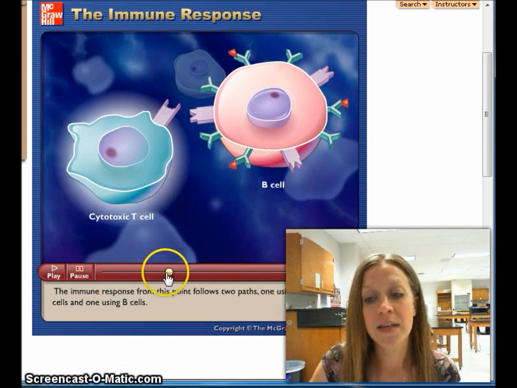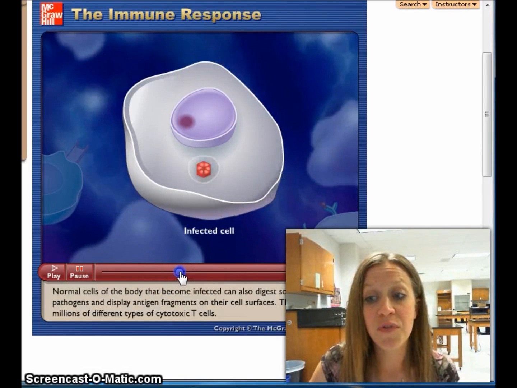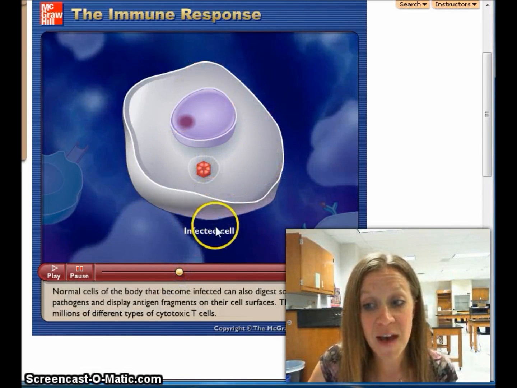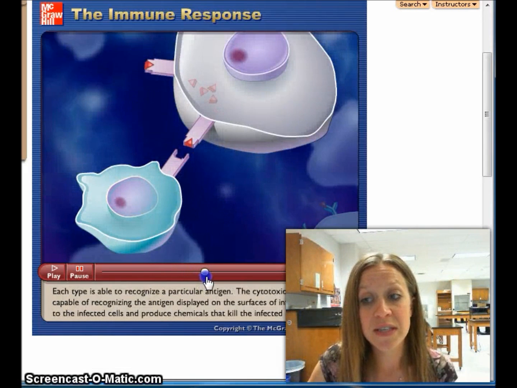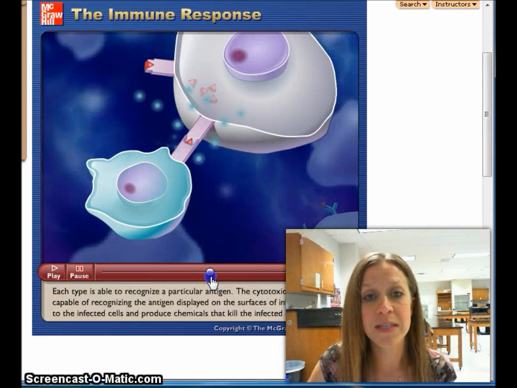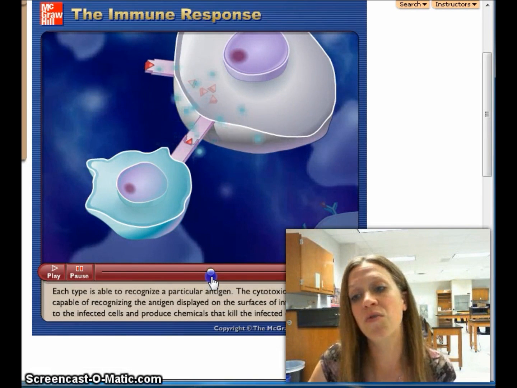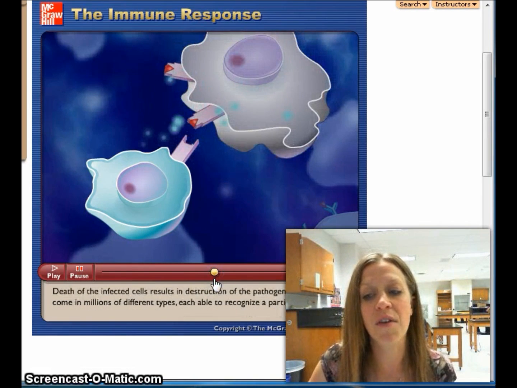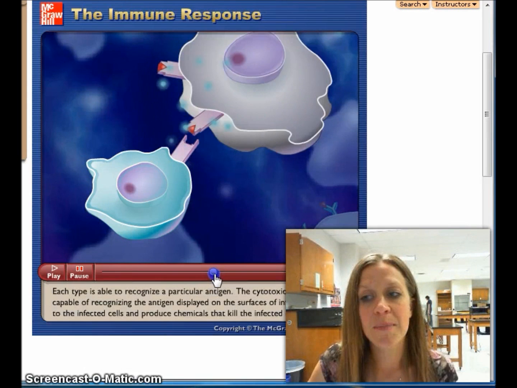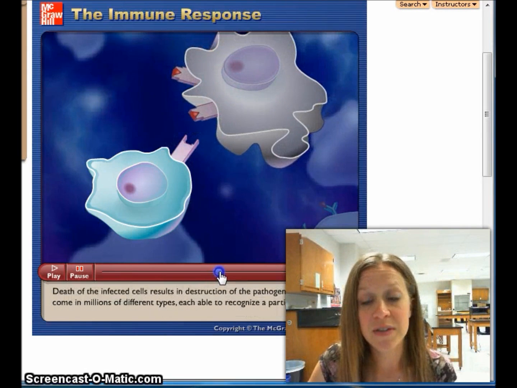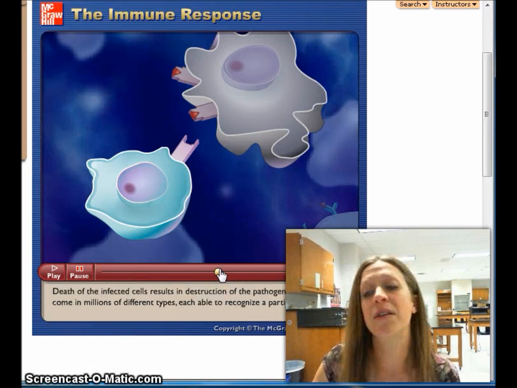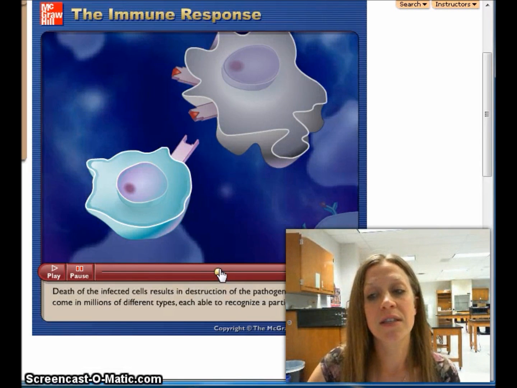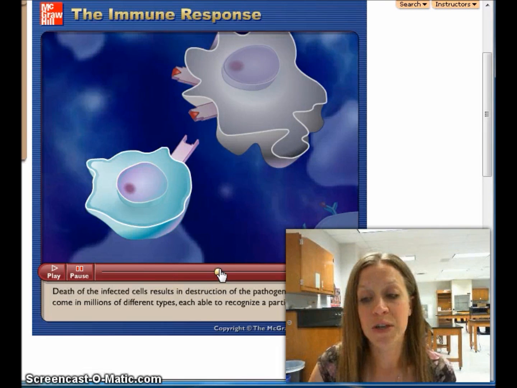So the cytotoxic T cells go around and they look for cells that have been infected with that pathogen, and they destroy them. Remember, cytotoxic T cells grab onto those cells and they send off chemicals, and those chemicals destroy the infected cells. So that's one specific type of defense in which these cytotoxic T cells kill the pathogen.